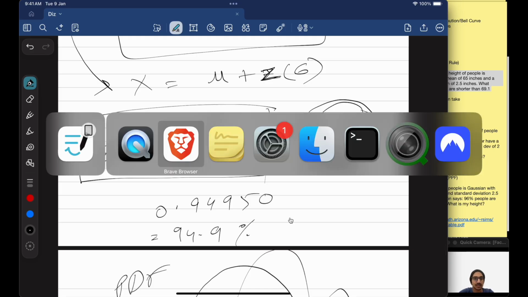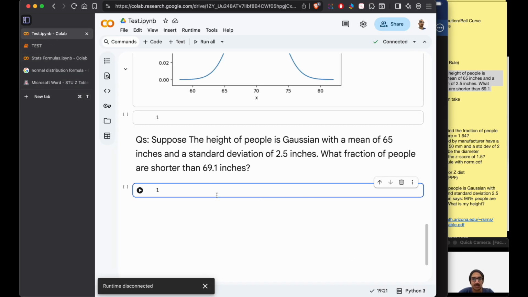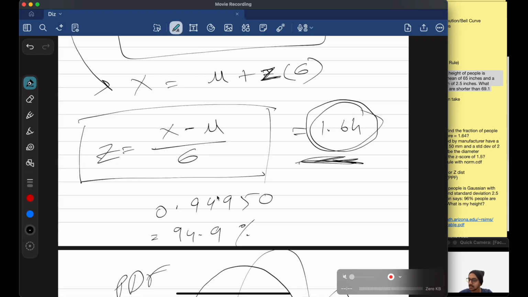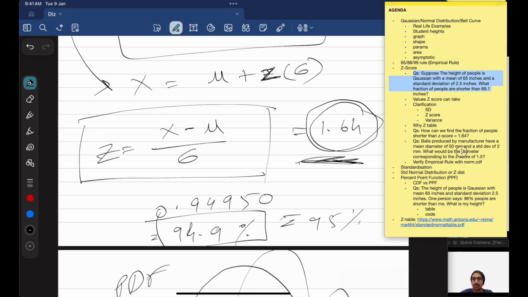So the answer to this question, what fraction of people are shorter than 69.1 inches? That will be 94.9%, around 95% of people are shorter than 69.1 inches. So that is how you solve that.